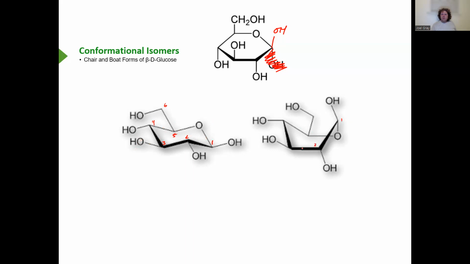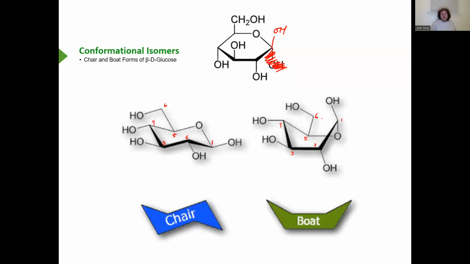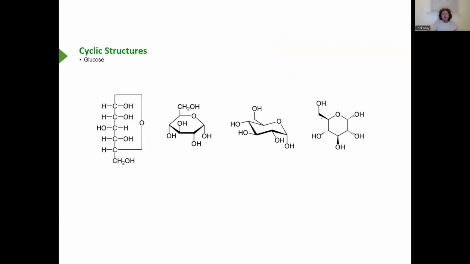Those two configurations are stable. That chair configuration is important for something like cellulose, which is tons and tons of glucose molecules making a very large structure.